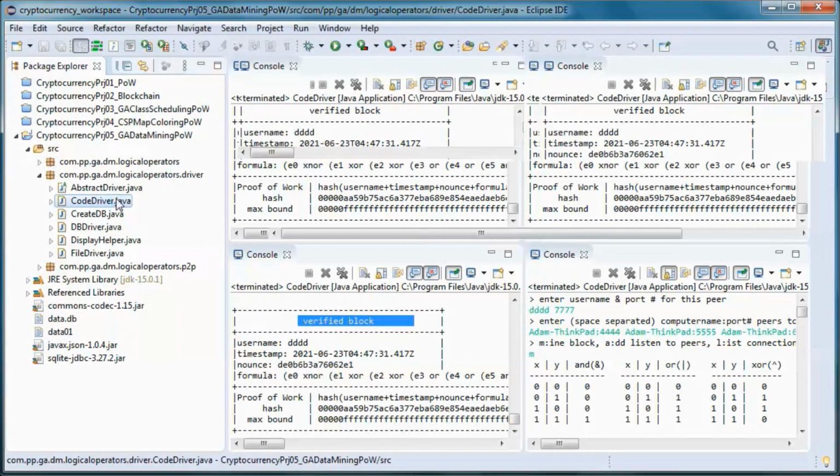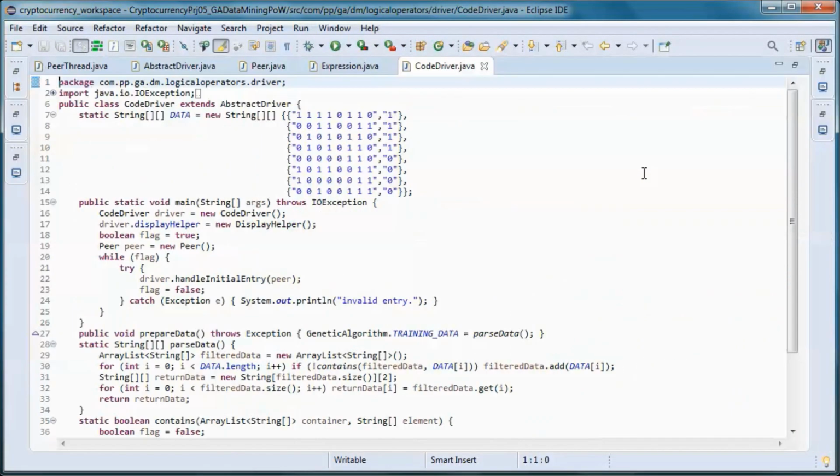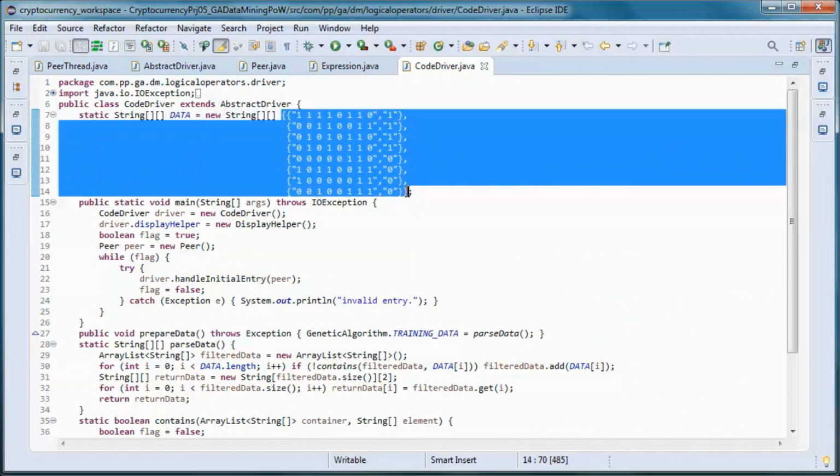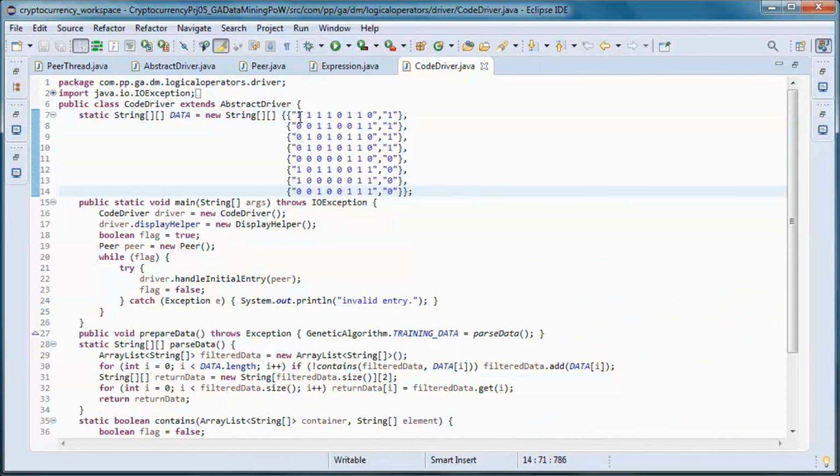So here we ran with data coming from code. So we have 8 events and an expected result.